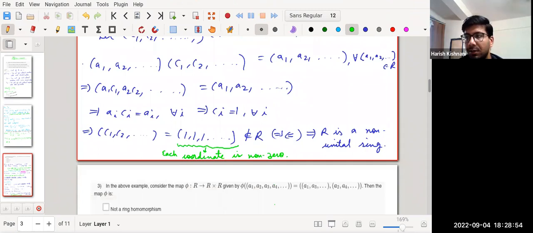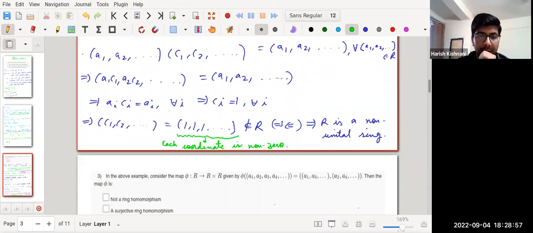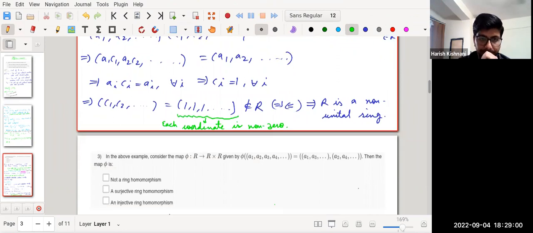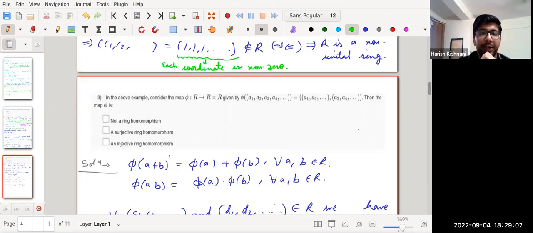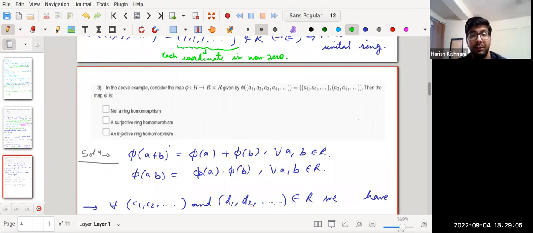Now let's move to example number 3. It says in the above example, if we consider the map phi from R to R cross R given by phi of (a1, a2, a3, ...) equal to ((a1, a3, a5, ...), (a2, a4, ...)), it is just putting all the ai's where i is an odd index in the first coordinate, and all the even index coordinates in the second coordinate of this R cross R tuple.